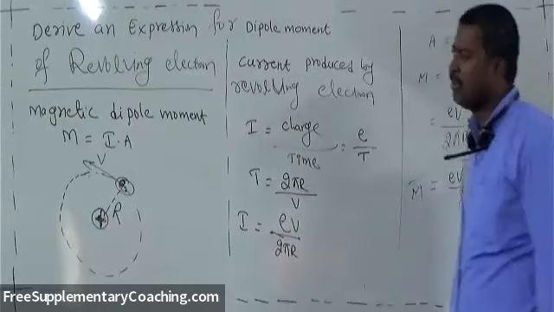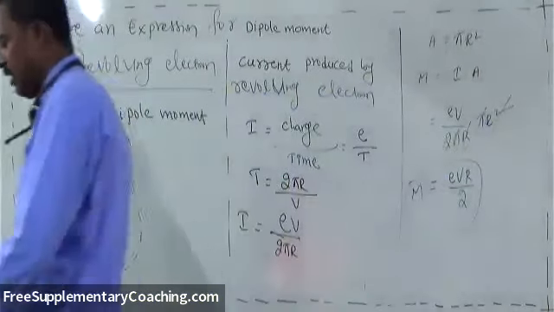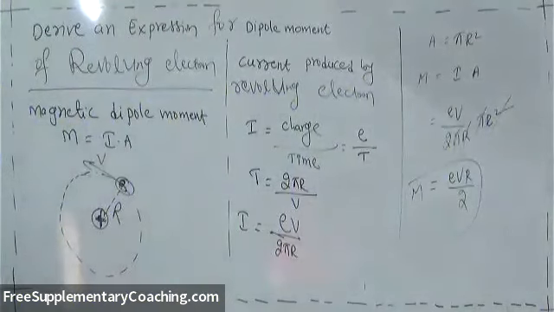This is dipole moment of revolving electron.